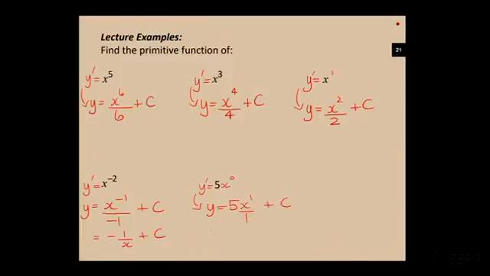So in fact, this guy, all constants, if the 5 was just on its own, it goes backwards to a 5x plus c. Does that agree with what you know about derivatives? If you do the derivative of this line here, the answer would be 5, just a constant, okay? So these are just pieces, okay? We've got to put all these pieces together.